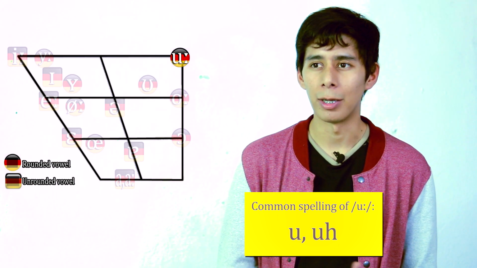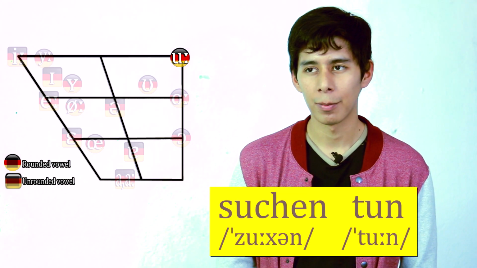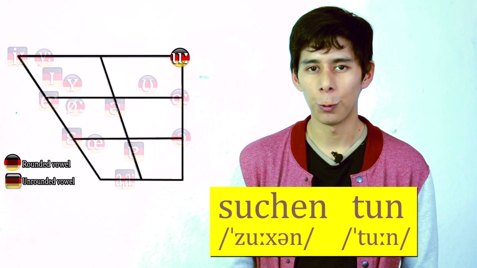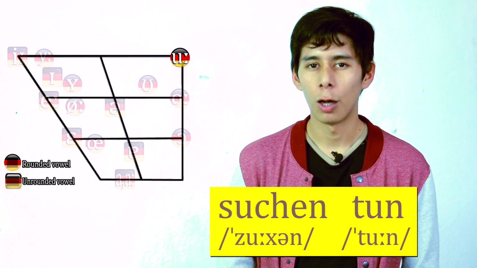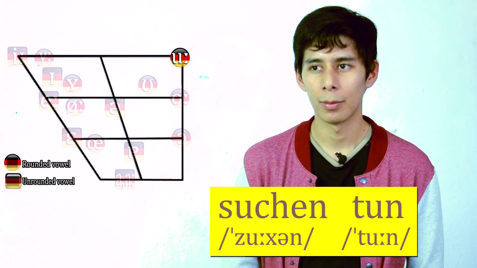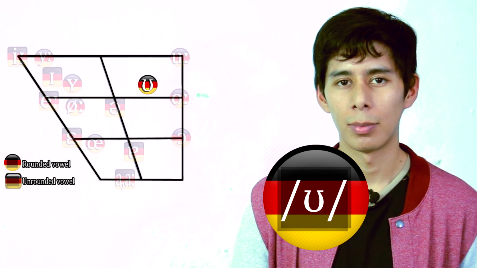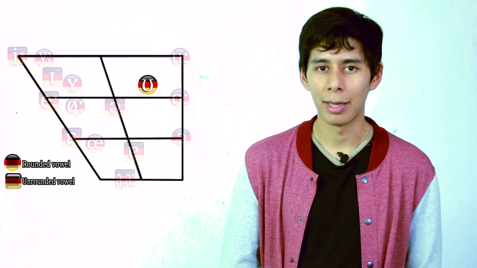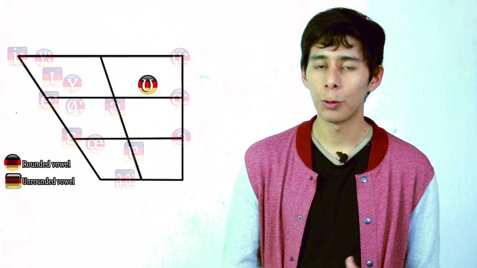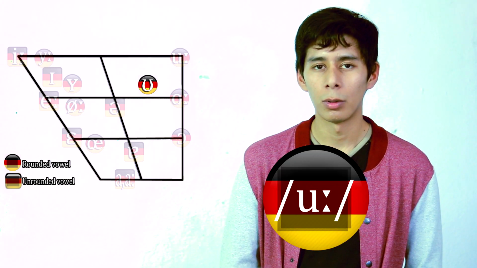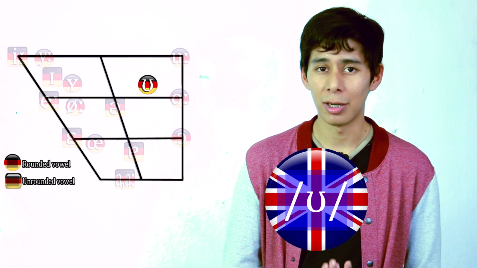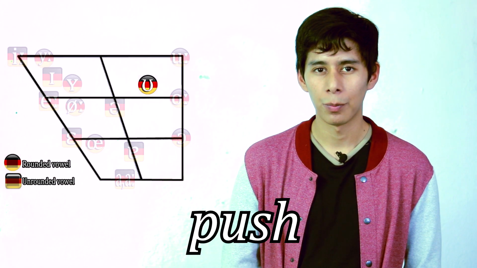We find it in words like suchen, tun. The next vowel is U. This vowel is the open and short version of U. This vowel sound is very similar to the English U that we find in a word like bush.